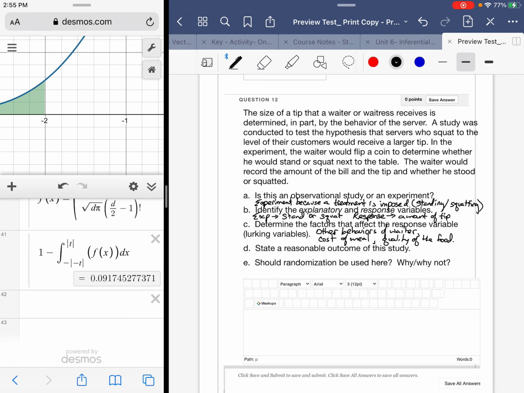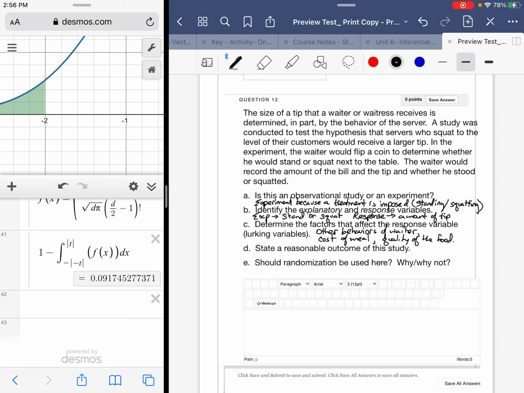Okay. So I mean, it is possible that being eye level with somebody could impact whether or not you make a connection with them and therefore feel more inclined to give them a bigger tip. But I'd like to think that probably whether you had a good experience in terms of whether you liked the food, whether the waiter was a nice person, they could look you right in the eye, but then call you a jerk. You're not going to give them a tip.